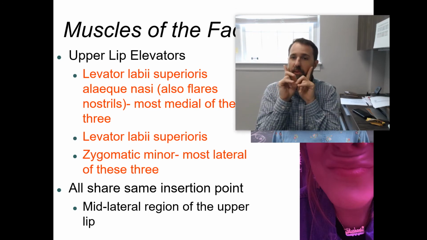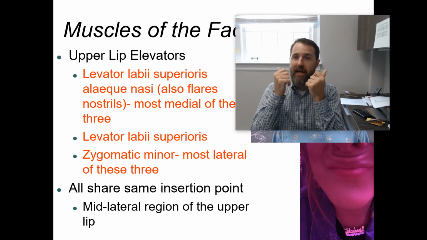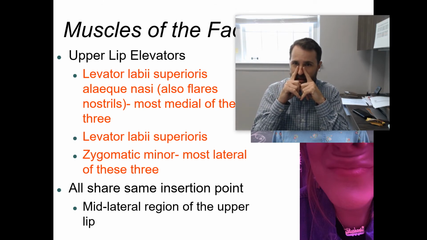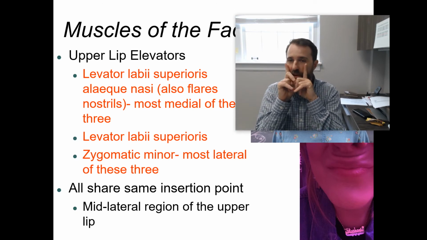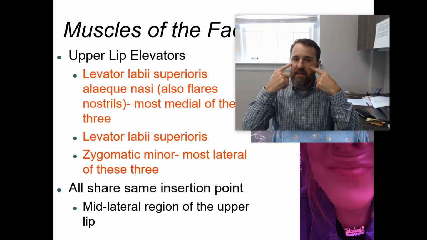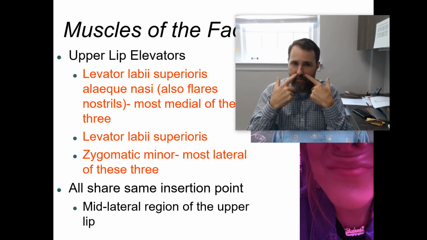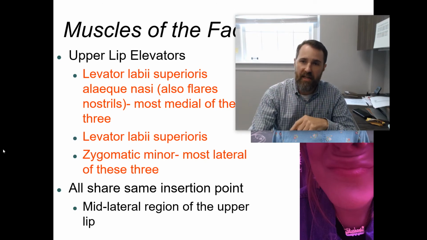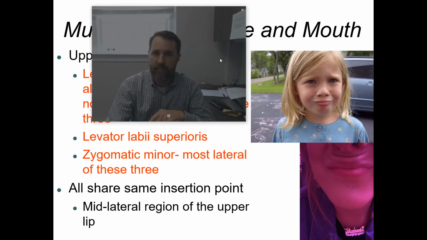The next muscle, if we continue laterally, one that is more lateral to these is the zygomatic minor. And all these muscles work together to elevate the upper lip.